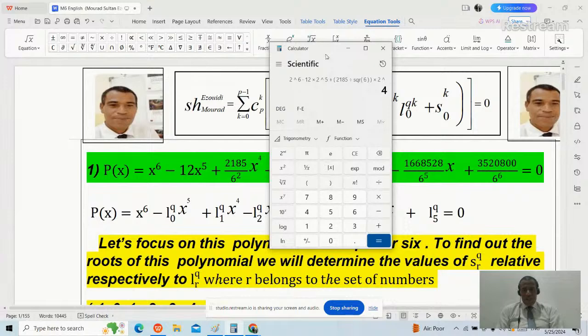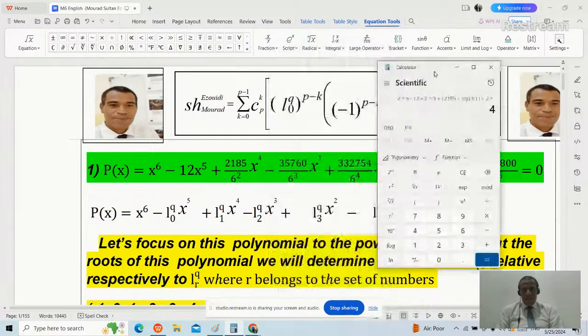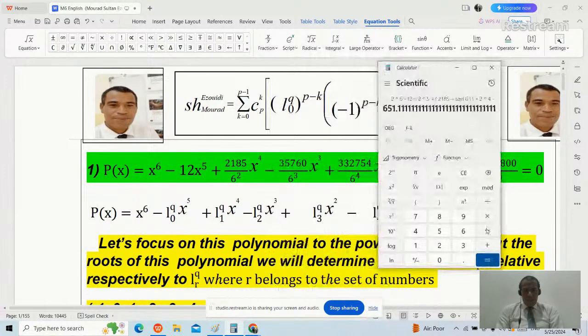Then minus, between parentheses, it's better, 35760 divided by 6 raised to the power 4, close the parentheses, times 2 to the power 3, which is 8.